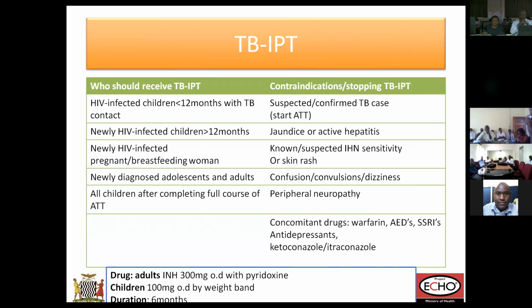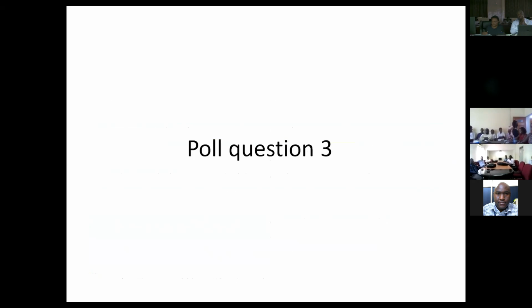Other drugs that we should consider not giving together with IPT are warfarin, epileptic drugs, selective serotonin reuptake inhibitors, antidepressants, and then ketoconazole and itraconazole, which have drug-to-drug interactions with isoniazid.